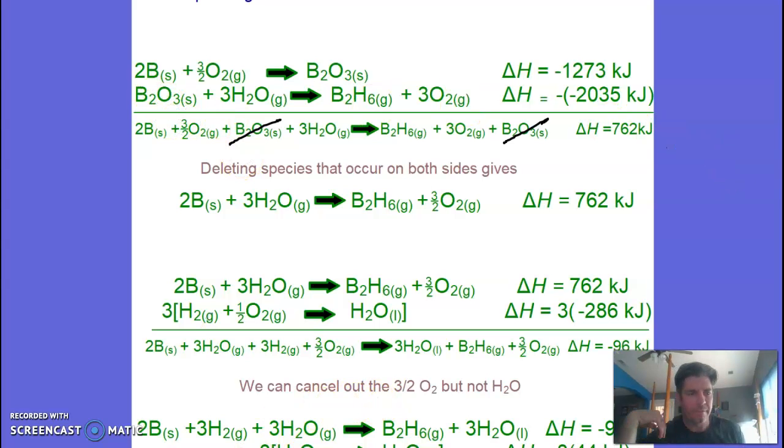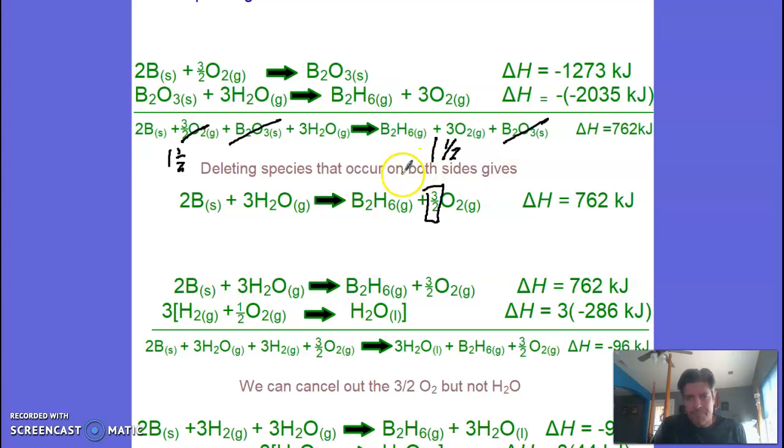So on the left side of our reaction here, we have 3/2 of an oxygen, and we have 3 oxygens. Of course, this is a mixed fraction. This would be 1.5 oxygens, right? Here we have 3, and so we can cancel this 1.5 oxygens. And if we have 3 here, that means we have 1.5 O2s on this side. So leaving it as a mixed fraction sometimes makes it easier.